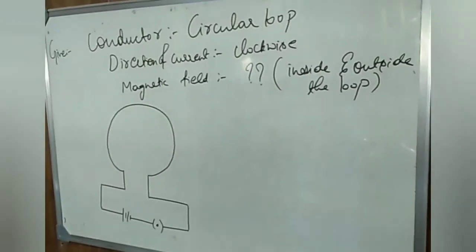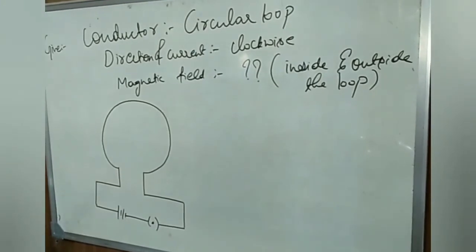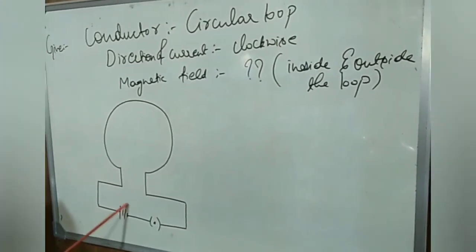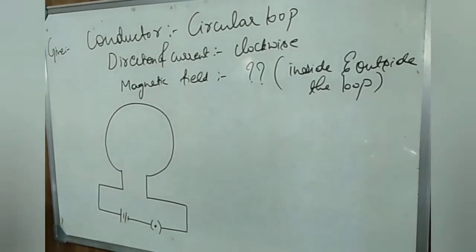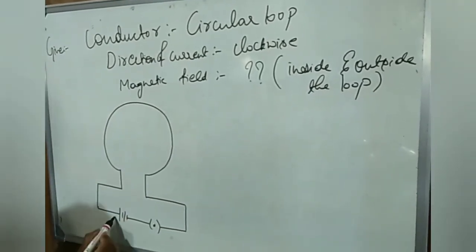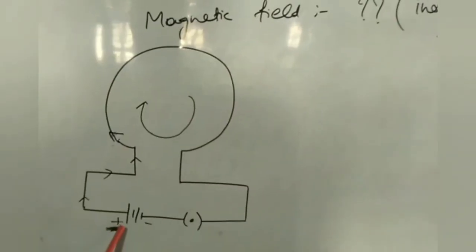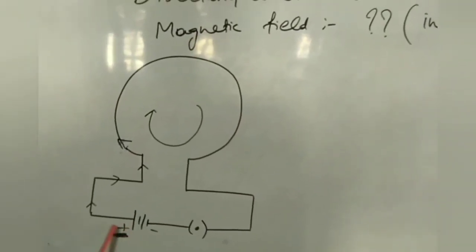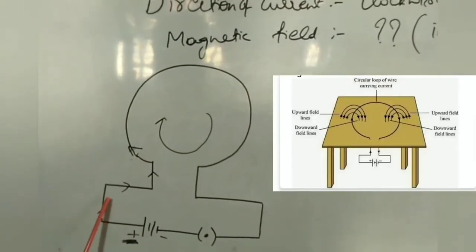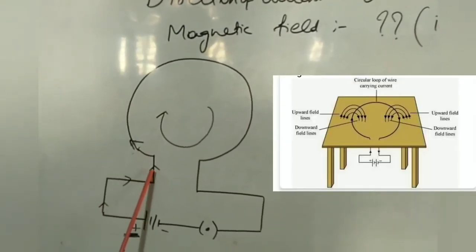In the question, they are given that the direction of current is clockwise. So now we need to concentrate while writing the positive and negative terminals in this circuit. See, here I wrote positive this side and negative this side. Why did I write the positive terminal here? If it is our positive terminal, then current will flow from the positive terminal, right? So current will start to flow from this side of the loop.